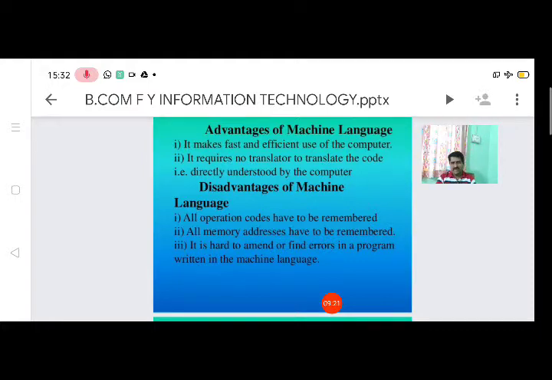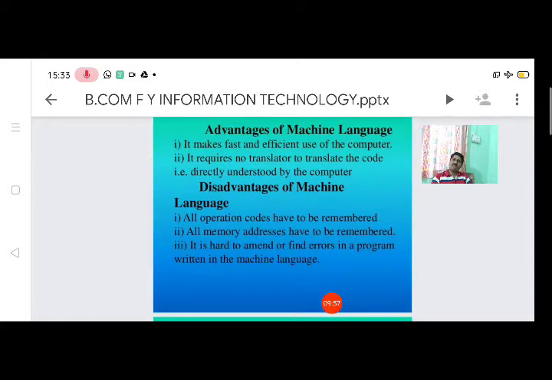Then, disadvantages of machine language. First, all operation codes have to be remembered. Second, all memory addresses have to be remembered. And third, it is hard to find errors in a program written in the machine language.